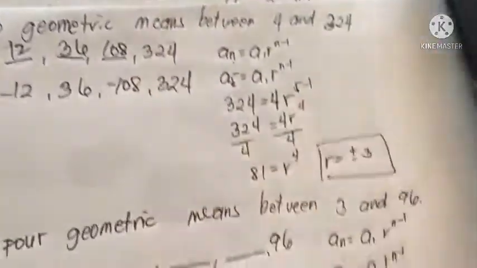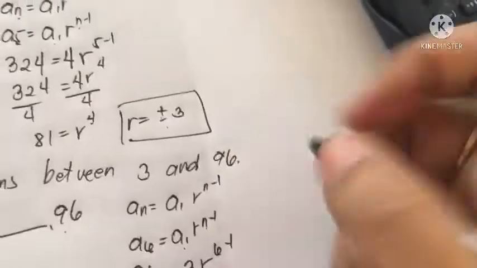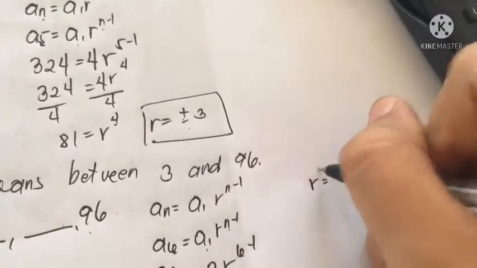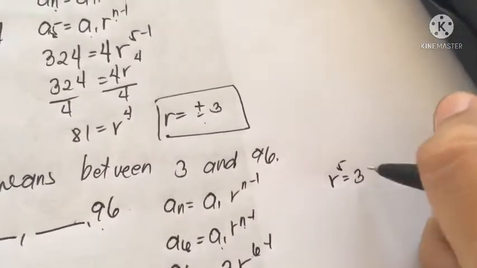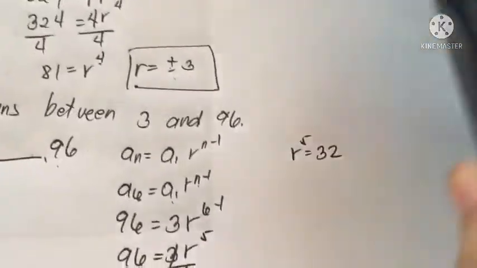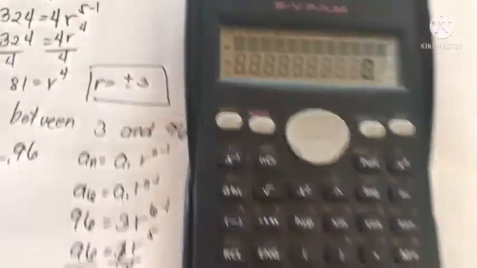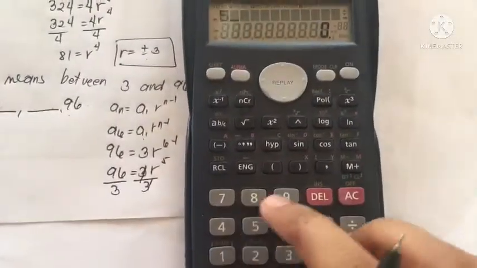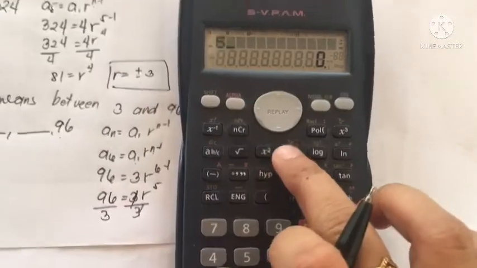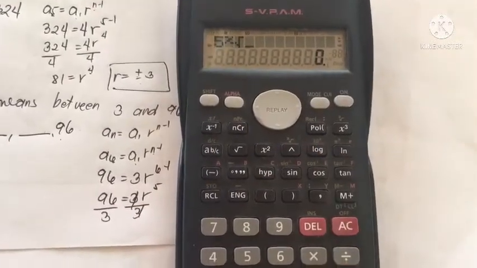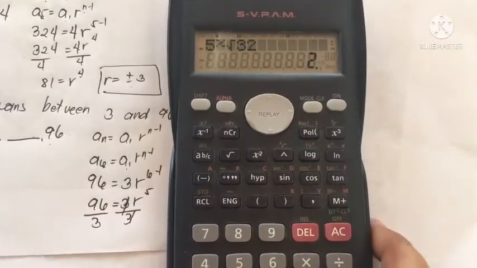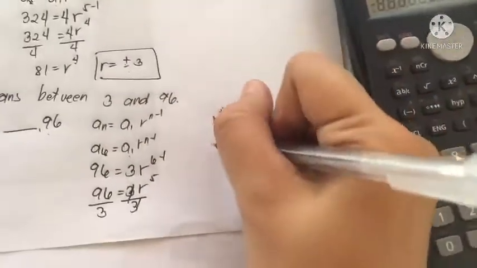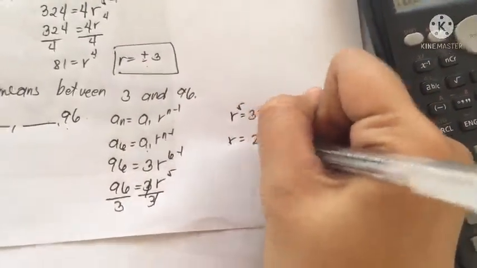Ang sagot natin is 32. So, r raised to 5 is equal to 32. So, ano ang fifth root ng 32? So, i-calculator natin. 5, shift, ito yung root ng 32. The answer is 2. Okay. So, ibig sabihin, ang r natin is 2.